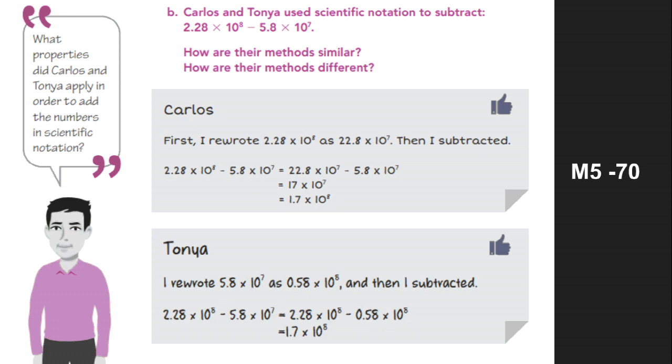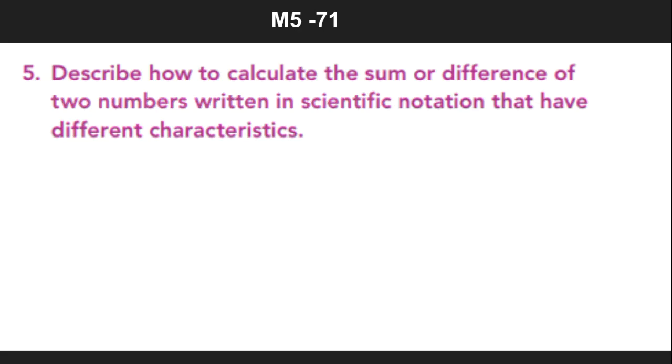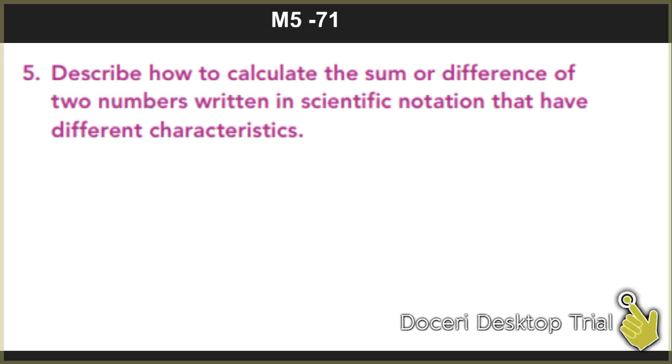On the next page, 71, it says describe how to calculate the sum or difference of the 2 numbers written in scientific notation that have a different characteristic. Well, as we were noticing, we can't subtract or add numbers that don't have the same characteristic.